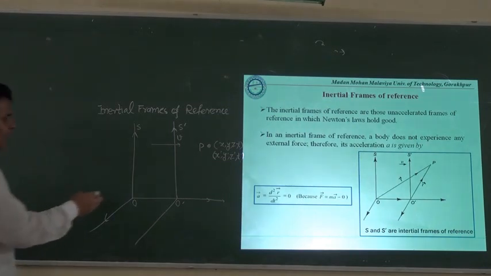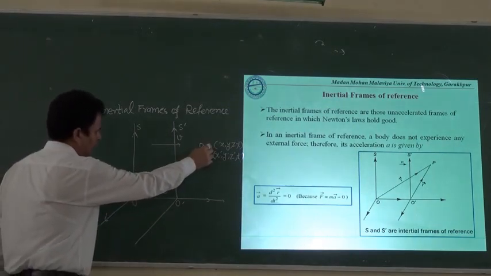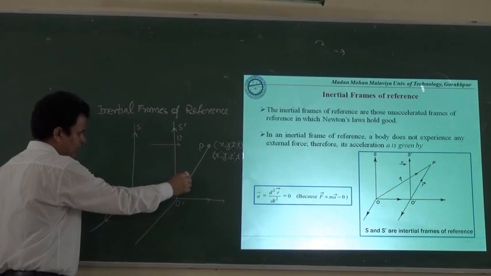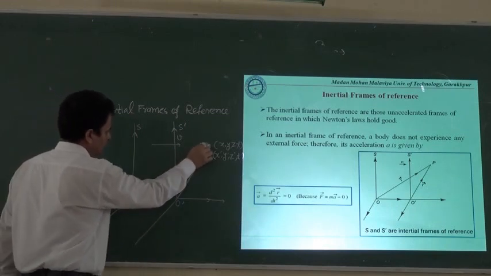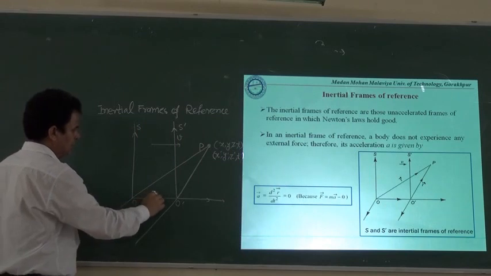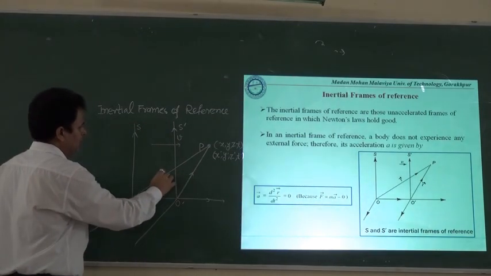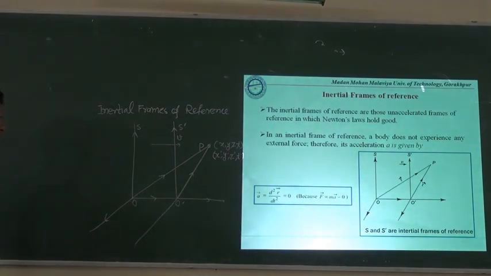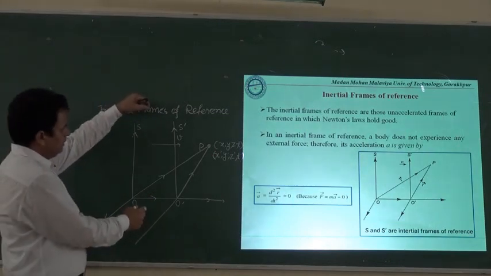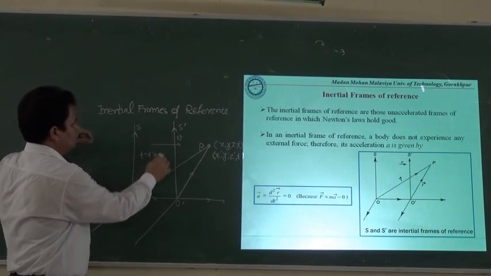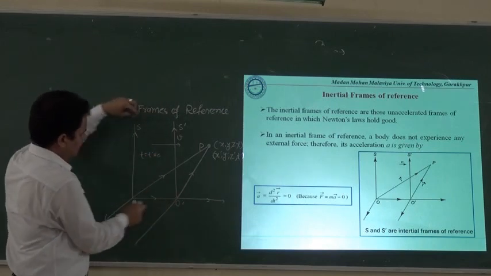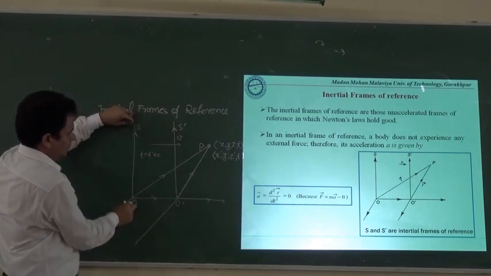In order to get an idea about that, let us join these points by vectors in this way. These are the vectors, and if we join this one, then this will be the vector triangle. Initially, when t is equal to t dash is equal to 0, this frame of reference is coinciding with this frame of reference.